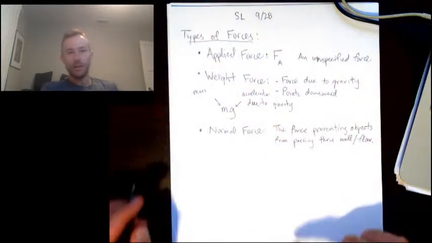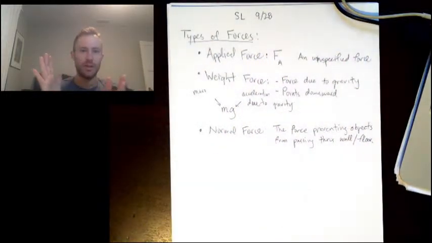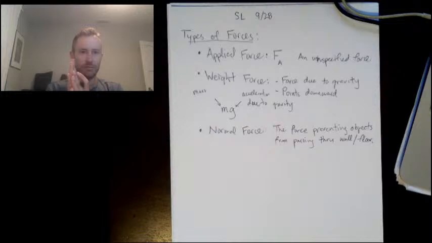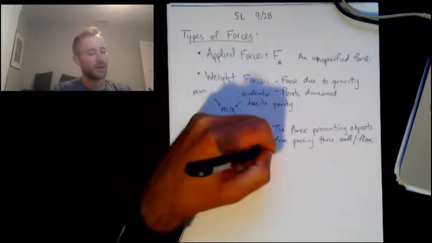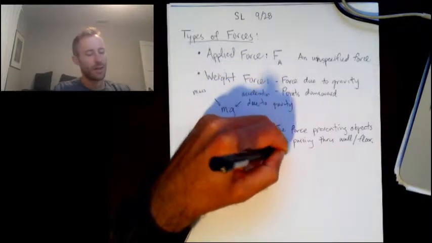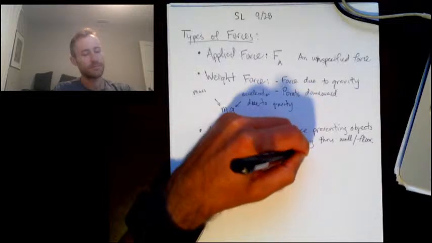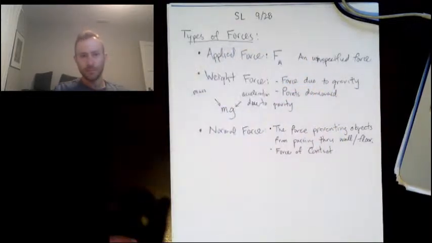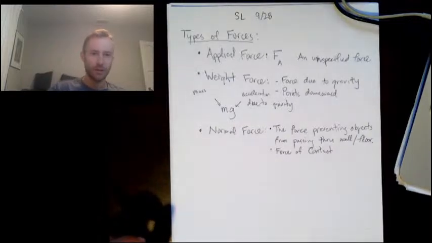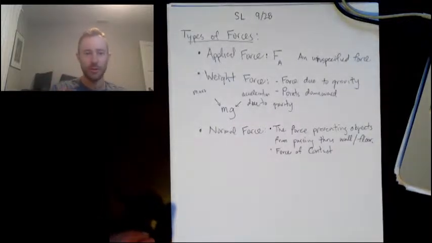If you come into contact with any hard surface, the force that resists you is called the normal force. It's a force of contact. Anytime you're in contact with a surface, there's going to be a normal force present.